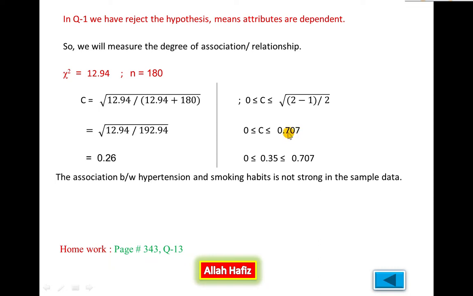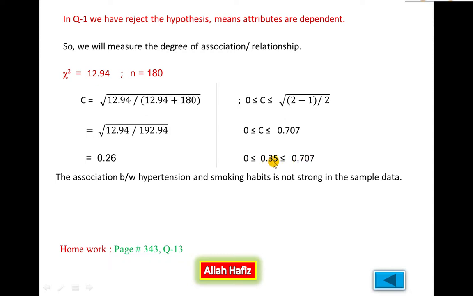The central value is (0.707 plus 0) divided by 2, which is 0.35. And this value 0.26 lies on the left-hand side, between 0 and 0.35, the lower side, not the upper side.